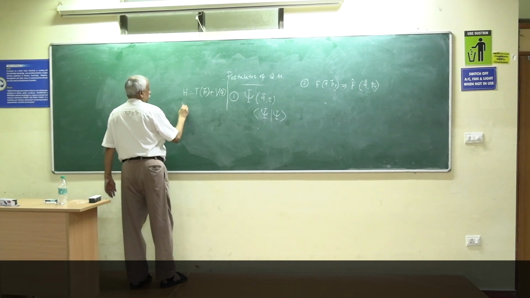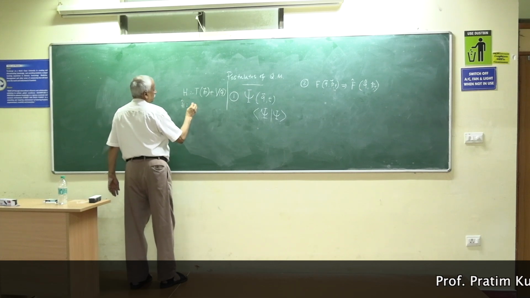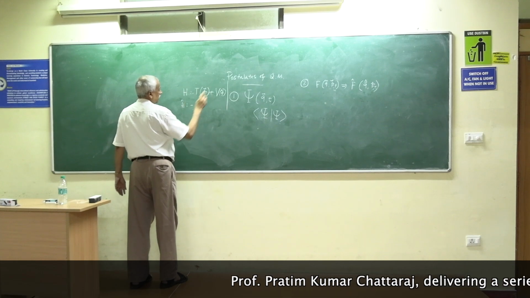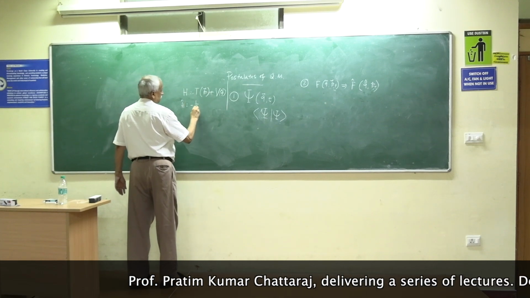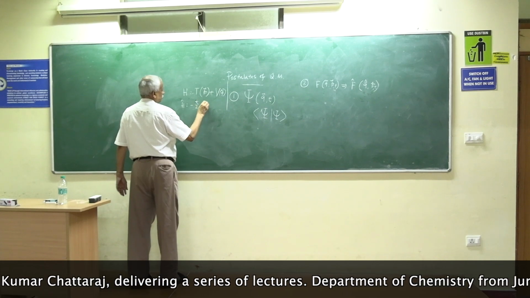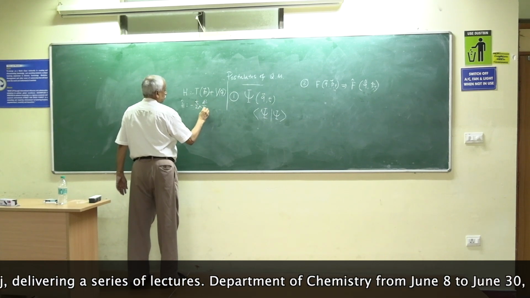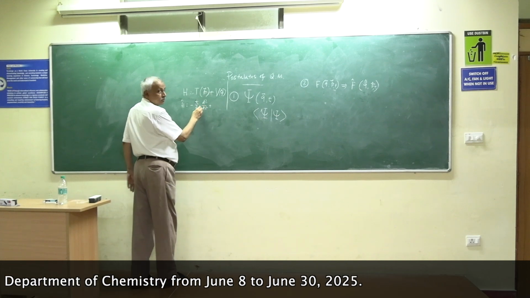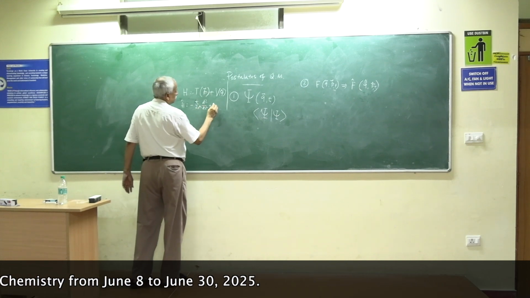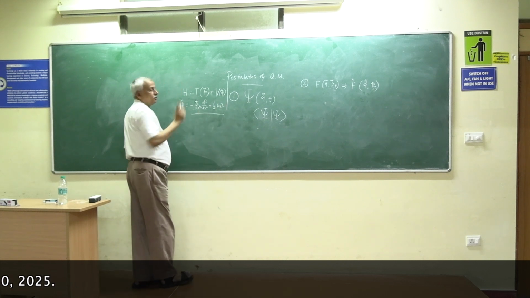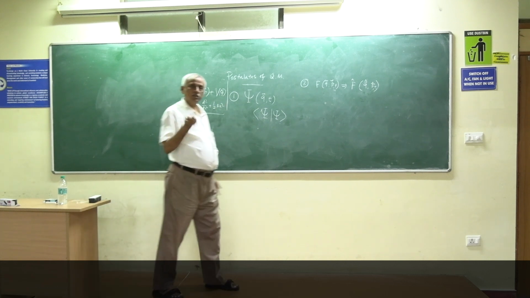Then the H operator, particularly for a one dimensional harmonic oscillator, will be minus h cross square by 2 mu into d2 by dx2, because you have p square by 2 mu, plus half kx square. So immediately you can write down the operator form of the Hamiltonian and construct the equation.